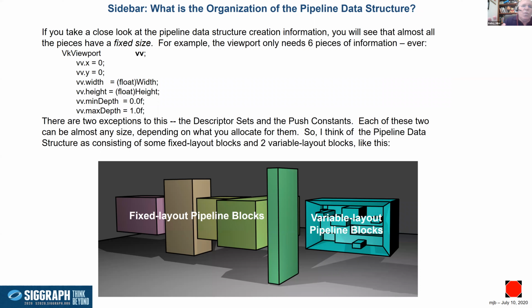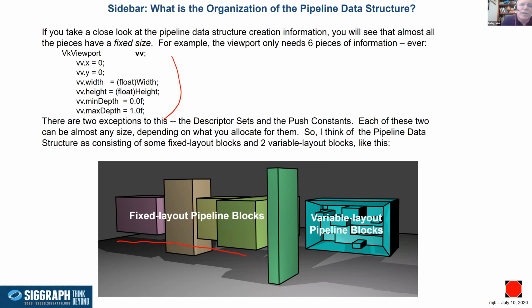And again, why do you need a layout? Well, most of that graphics pipeline data structure are fixed size things. Again, like the viewport, this is all the information you will ever need to specify a viewport. You will never need more or less information than that. And so in the creation of the layout of the pipeline structure that you're doing right now, it already knows how big to make them.